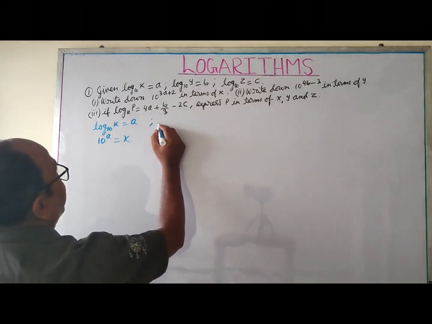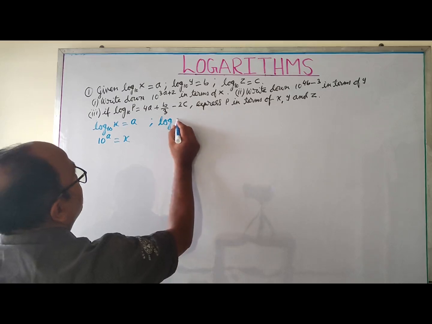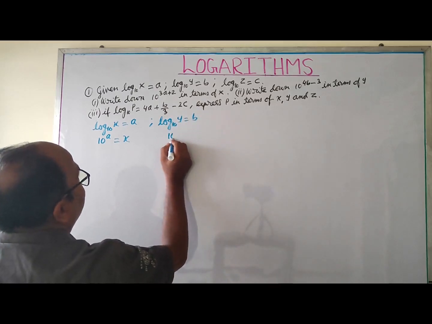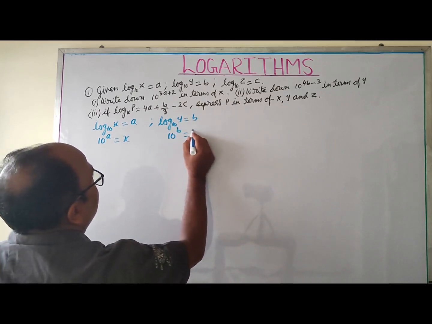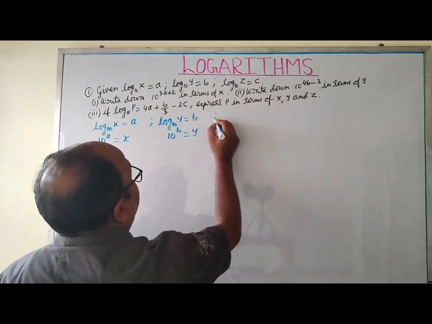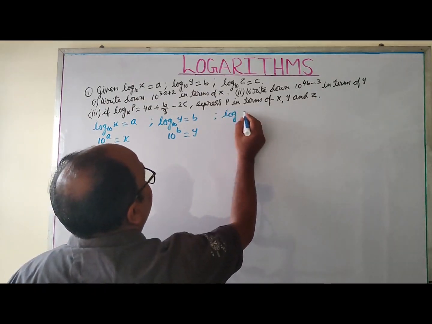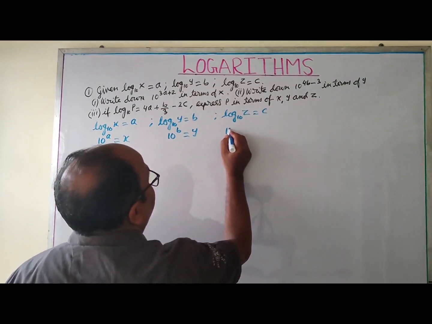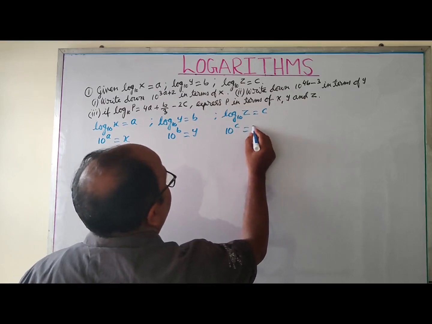Then taking the second one, log y to the base 10 is equal to b, so I will get 10 to the power b is equal to y. And the last one given to us is log z to the base 10 is equal to c, so I will get 10 to the power c is equal to z.